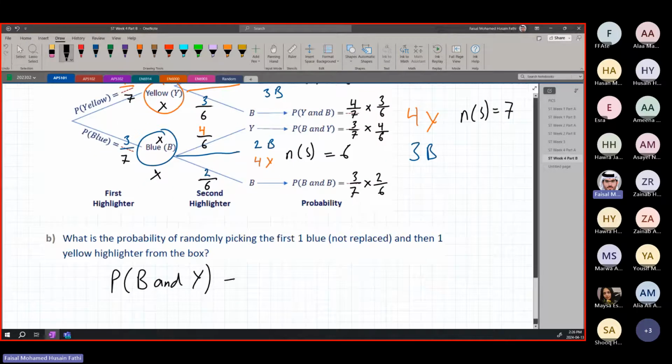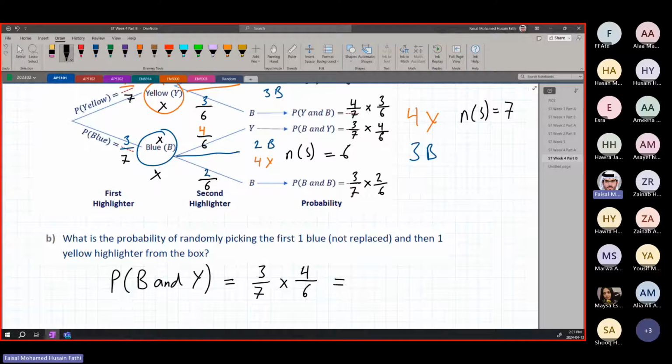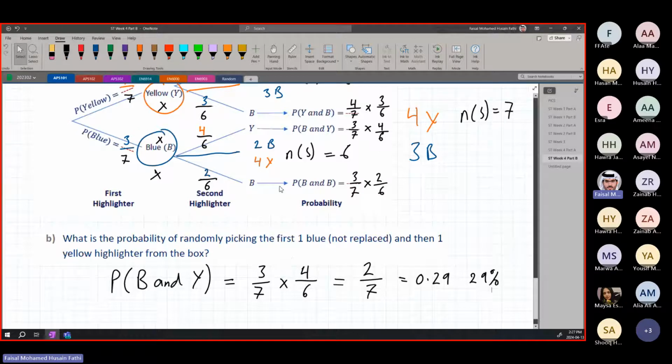So it's going to be equal to 3/7 times 4/6, which is equal to 3 times 4 divided by 7 times 6. It's going to be 2/7. So this is equal to 0.29 or 29% chance.